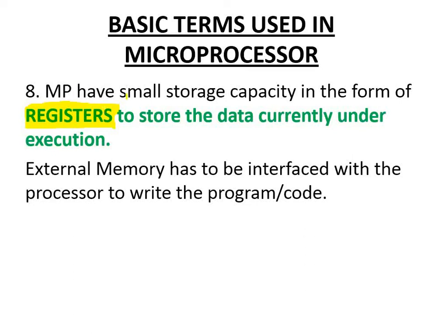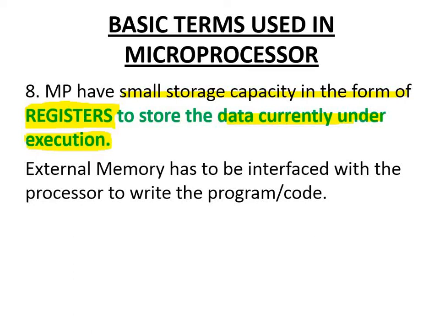It is a small storage capacity in the form of registers to store the data currently under execution. We know that we write the program, the code, everything in the memory, but whenever the microprocessor is processing the program, these things have to be placed inside the processor.